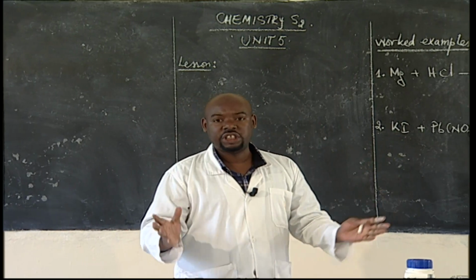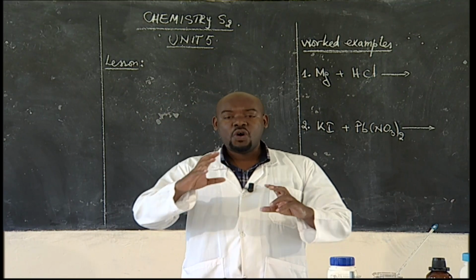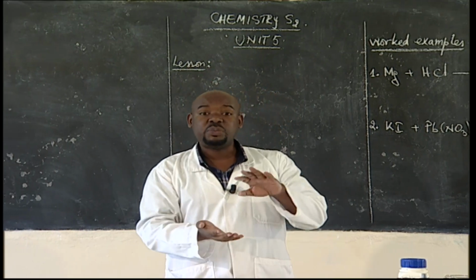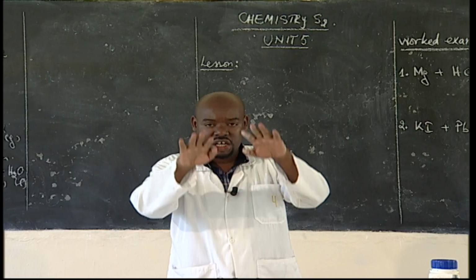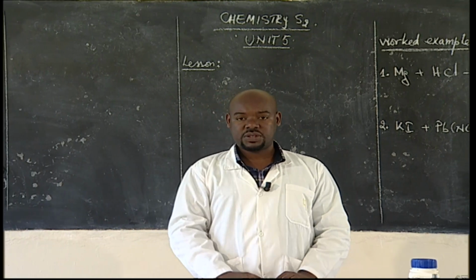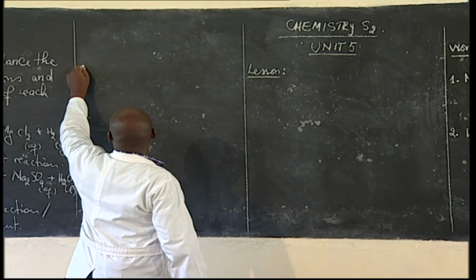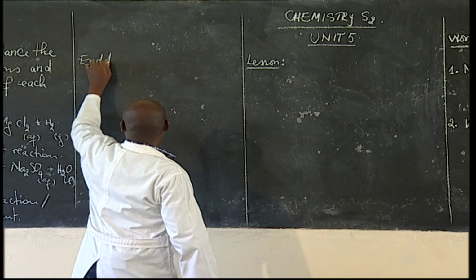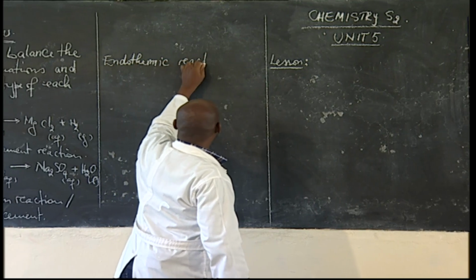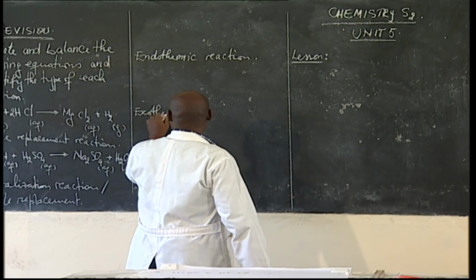There is a possibility that the temperature of the reacting mixture can increase, and another possibility that the temperature can decrease. Because of that, we get two types. Type number one is endothermic reaction. And the second is exothermic reaction.